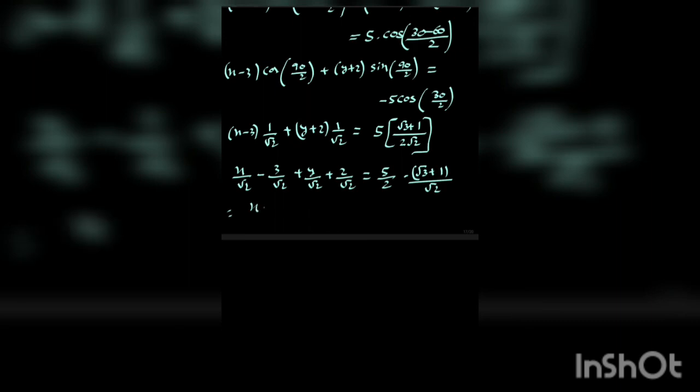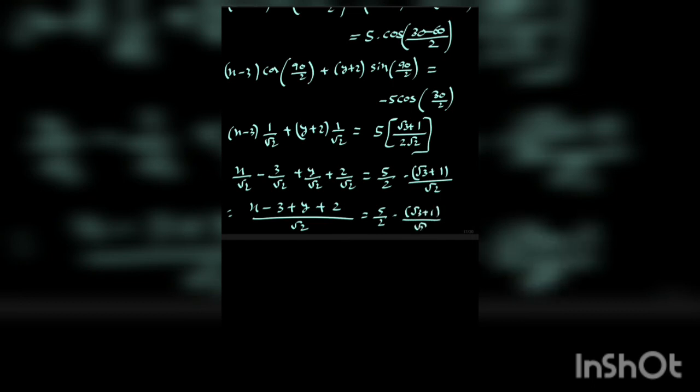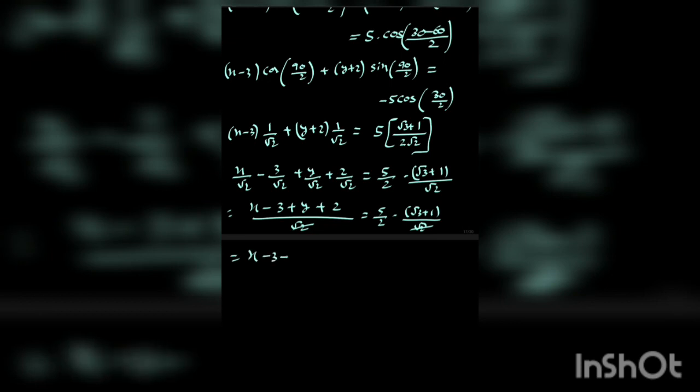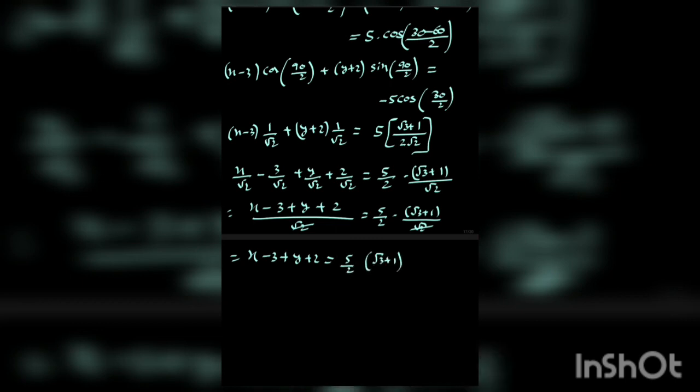So (x - 3 + y + 2) by root 2 is equal to 5 by 2 into (root 3 + 1) by root 2. So root 2 gets cancelled. Then x - 3 + y + 2 is equal to 5 by 2 (root 3 + 1). And x + y - 3 + 2, that is minus 1, is equal to 5 by 2 (root 3 + 1).